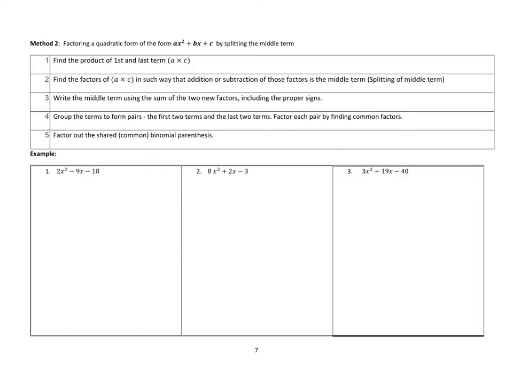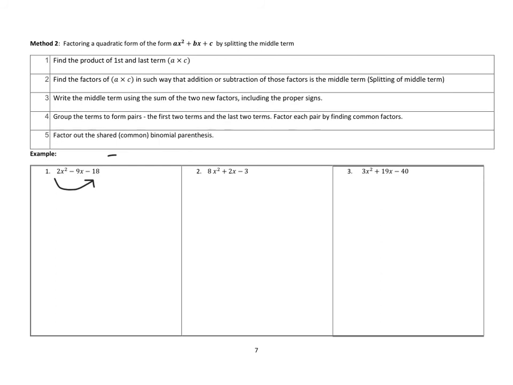So here we are factoring by splitting the middle term, and it's the same method as the box method, same idea. So remember when we did the box method, I just multiplied 2 times 9, so I get negative 18. Then I need to get two numbers.